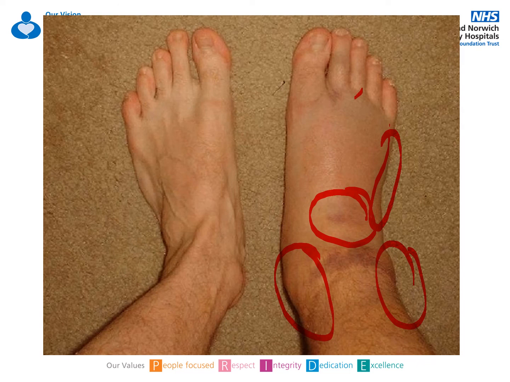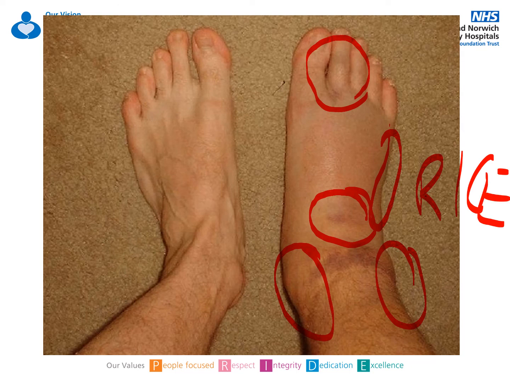You might also want to feel this toe here just to make sure that there are no fractures. I don't know what was actually wrong with this person's foot, but I thought it was quite a good picture to show you. If there are no fractures, then again rest, ice, compression and elevation would be really, really good for this particular foot.